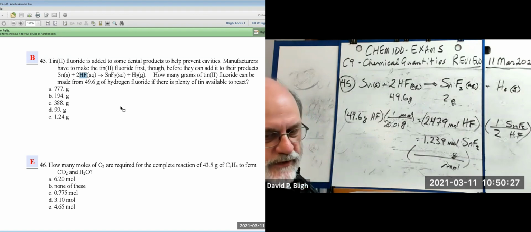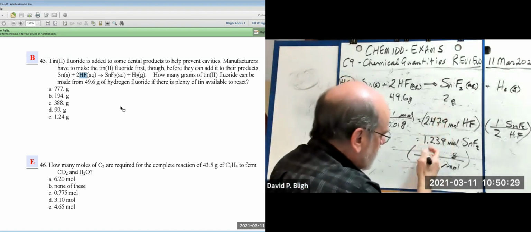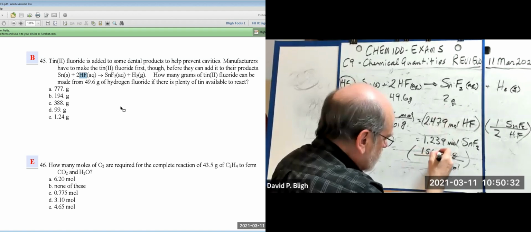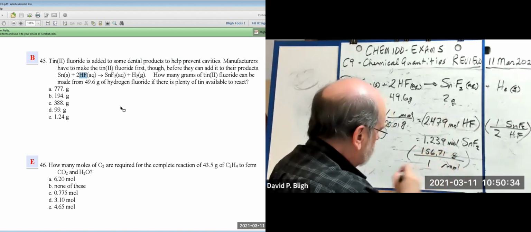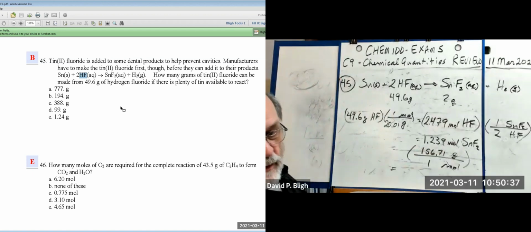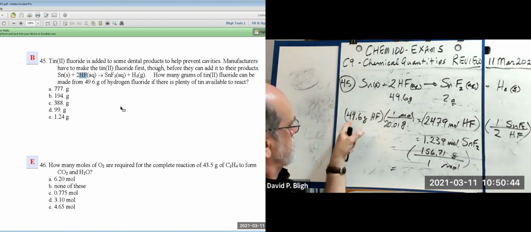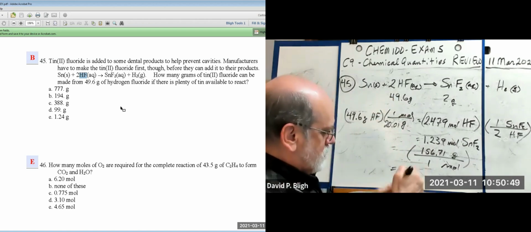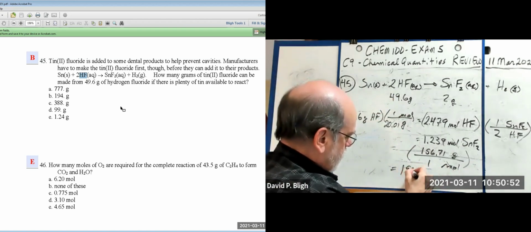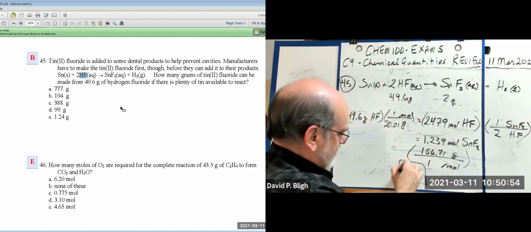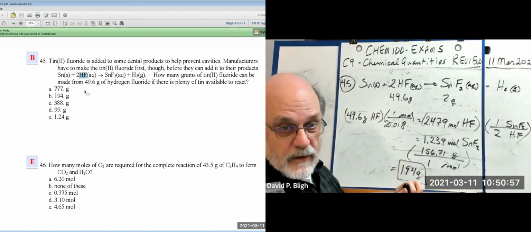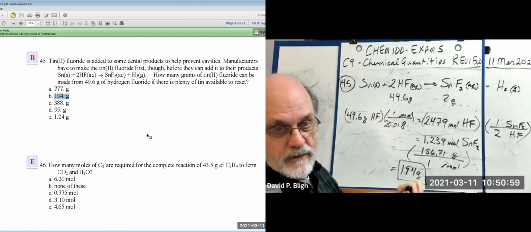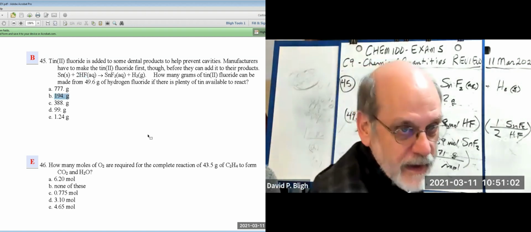So 156.71 per mole times 1.239. I got 194, three significant figures. Okay, there it is right there. That was 45.